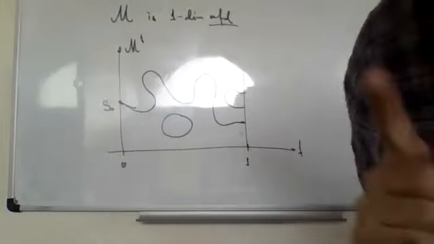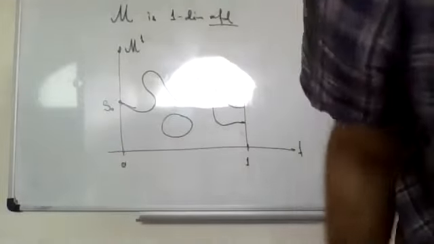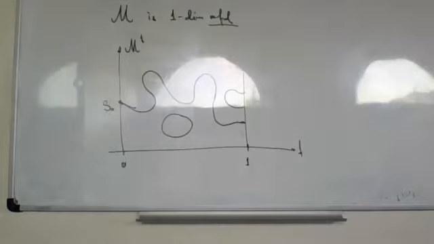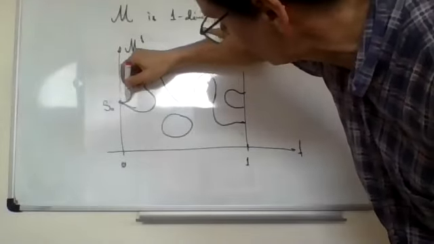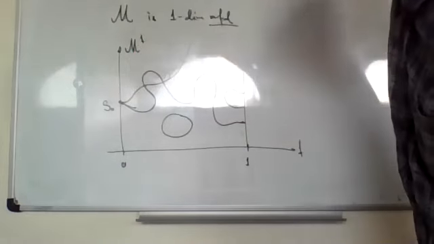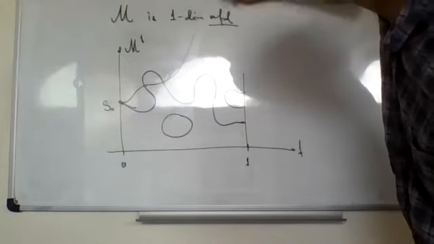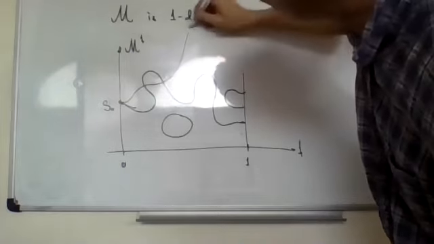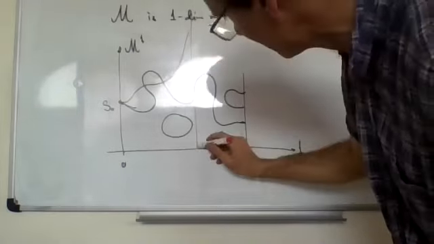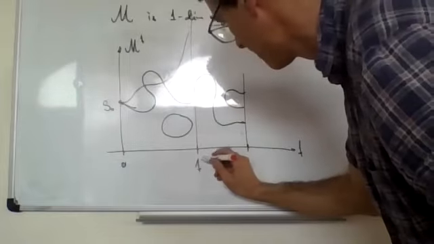But there could happen something very bad in this picture. It could be that this curve is actually like this and goes away, to some limiting T0, T star.